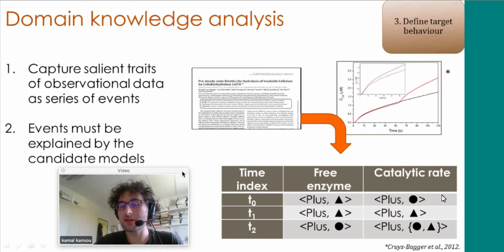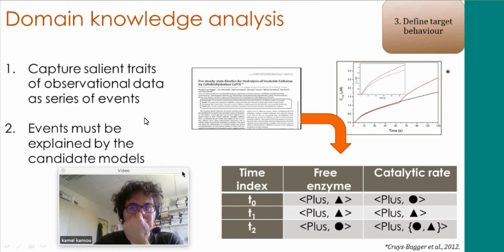Also, at the very beginning of the simulation, the hydrolysis rate or the catalytic rate should be stable. This is represented by this symbol. And we expect that because of the restart, the rate will increase again as a result of the addition of free enzyme. And then when the addition is over, we expect that the rate will settle down.